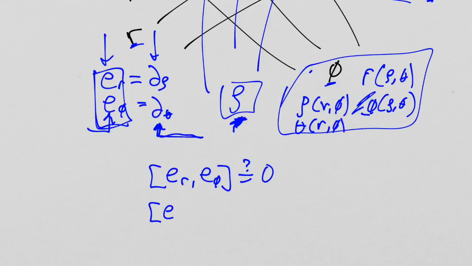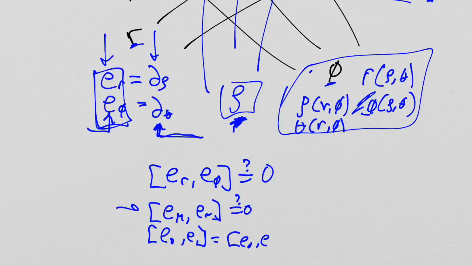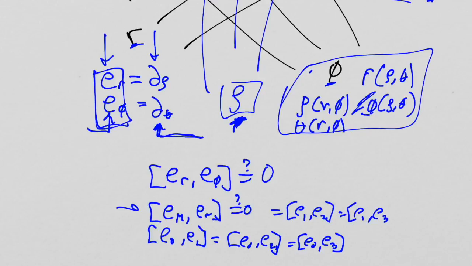If it was in multiple dimensions, you would take the commutator of E_mu and E_nu, and ask, is it equal to 0? This leads to every possible pair, right? So in a 4-dimensional space, you'd have E0, E1; E0, E2; E0, E3; E1, E2; E1, E3; E2, E3, and they all have to equal 0.